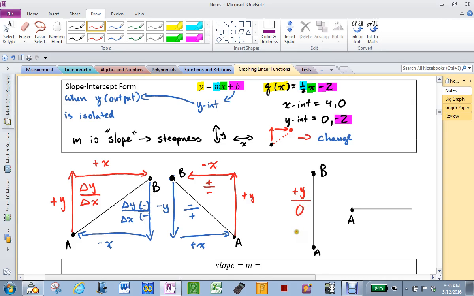Is that possible? Is division by 0 allowed in our number system? No. So this is what we call an undefined slope. Because anything divided by 0 doesn't exist.